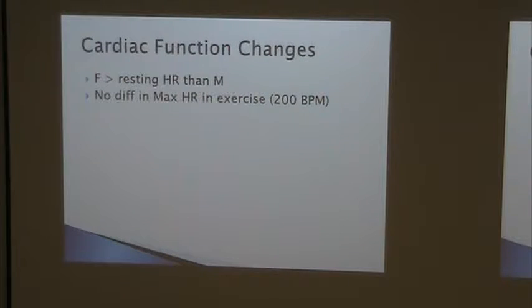So for a 10-year-old, you don't take 220 minus 10 and say, well, your max heart rate should be 210. It tends to stay around 200. So, the thing is, with most kids, they don't even get up there anyway. So it's not a major thing if you're telling kids, 220 minus your age is their max heart rate. But you should know as experts that's not the case. Okay?